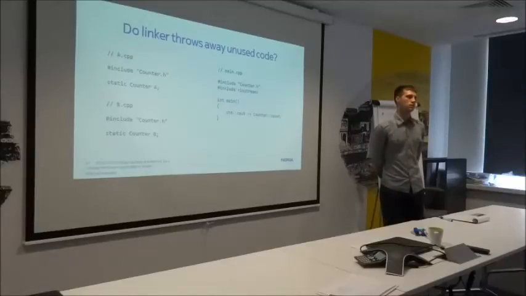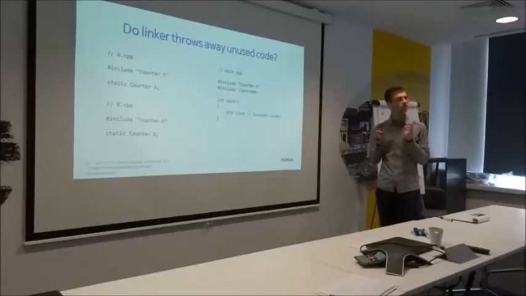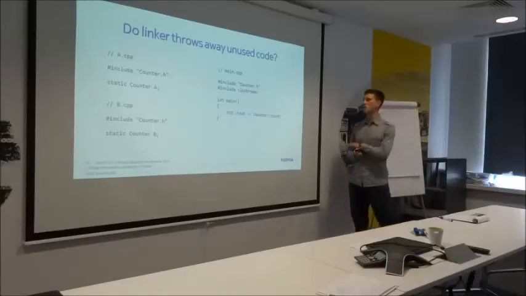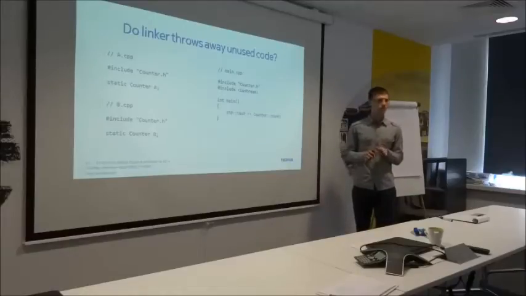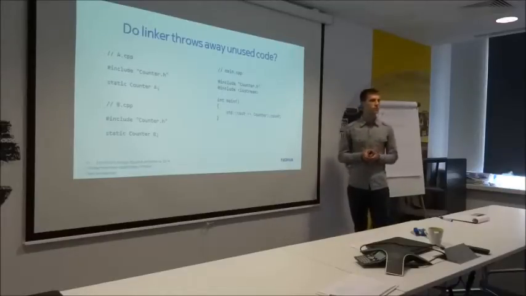If there is no reference at all. Yeah, exactly. If there is a reference, then this object file will be included for sure. But if there is no reference to any code inside the object file, it means that it will be removed. But we should also keep in mind that this is only valid for static libraries.